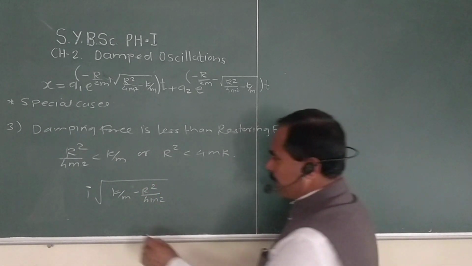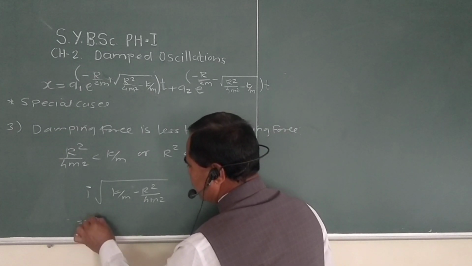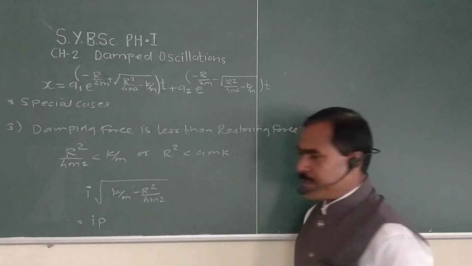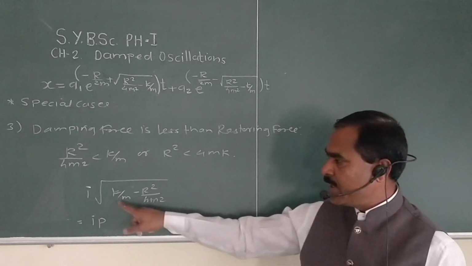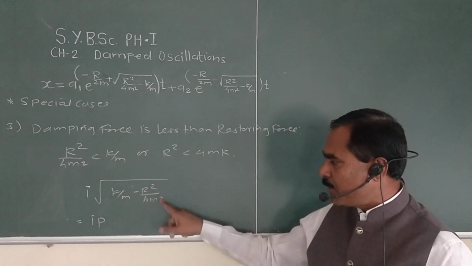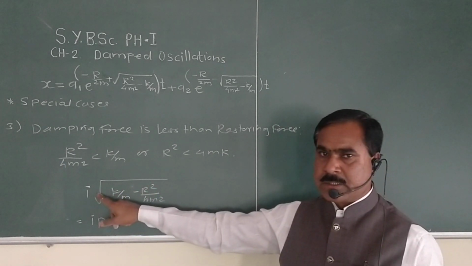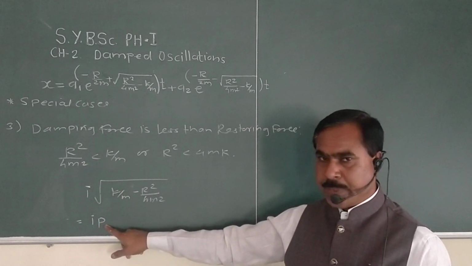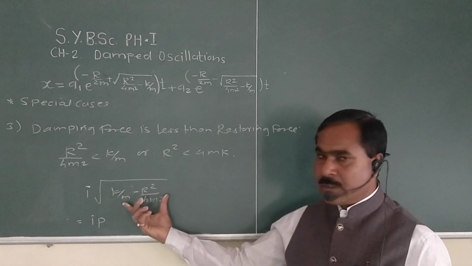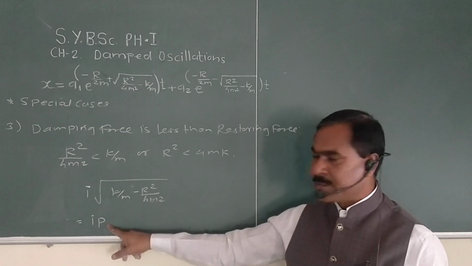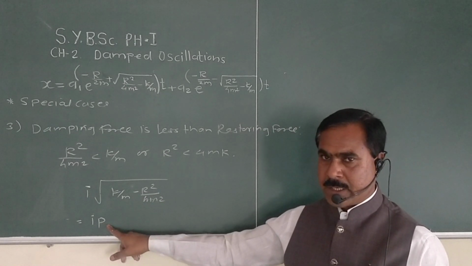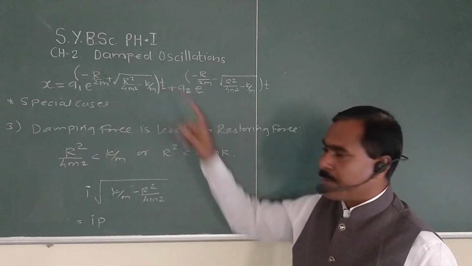So we write this equal to ip. That means we substitute this root of k by m minus r square upon 4m square as p.